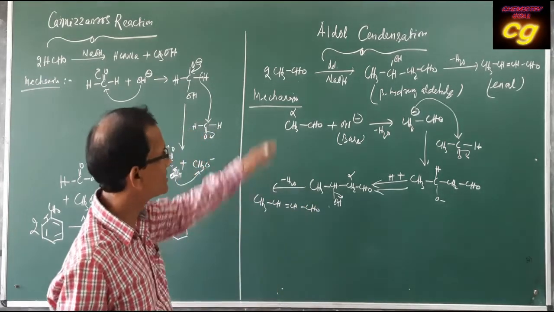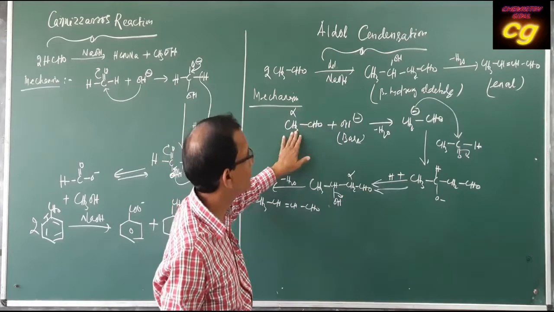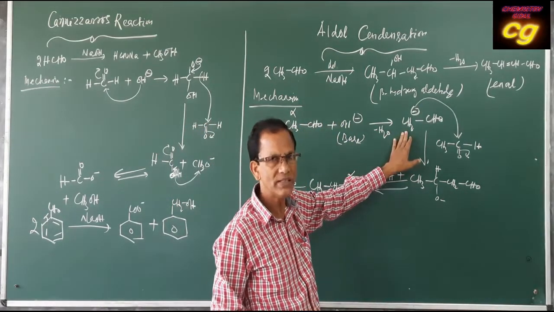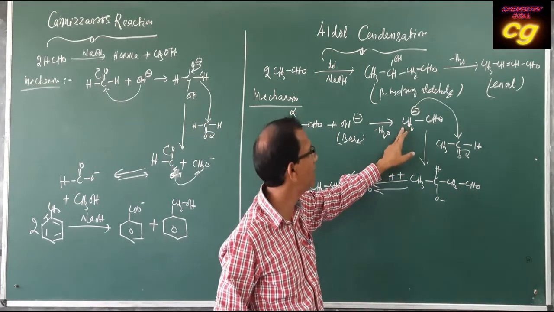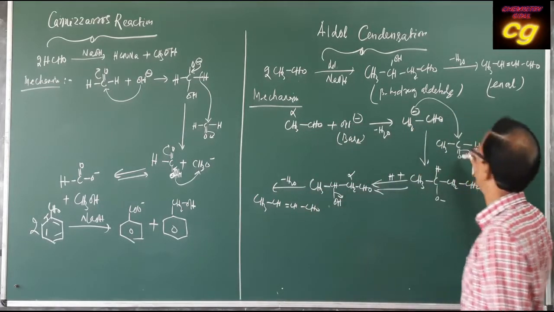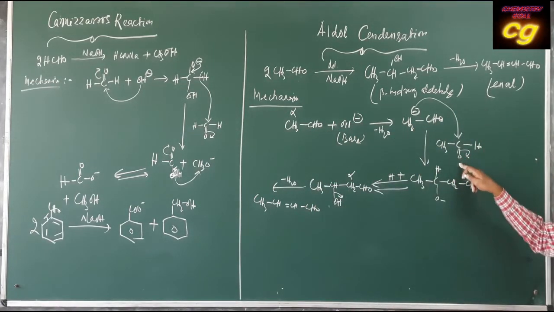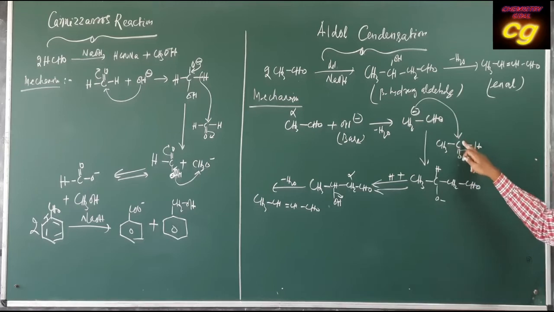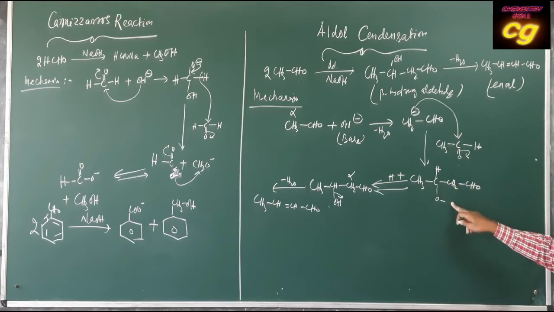So the first important thing is the formation of the conjugate base which acts as a nucleophile. Then nucleophilic addition takes place, attacking the second group at the partially positive carbon.